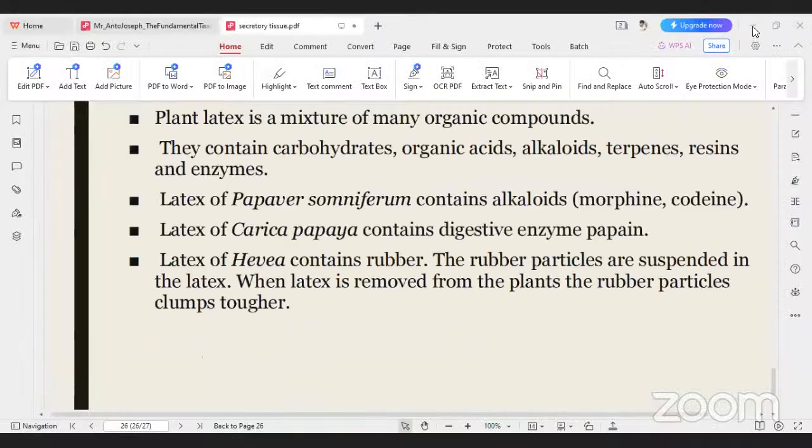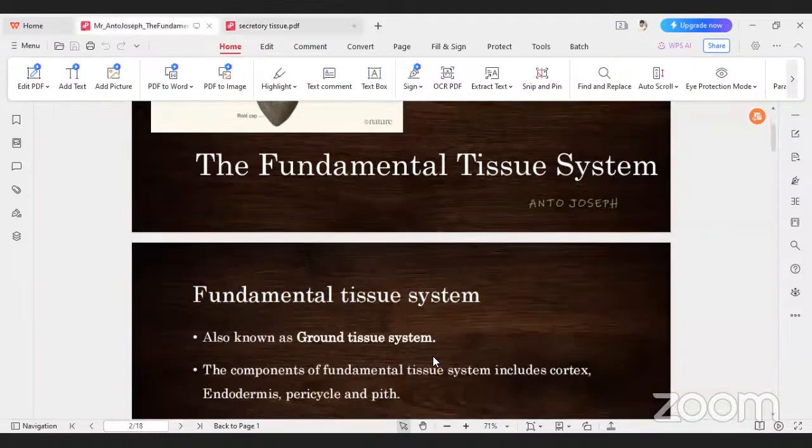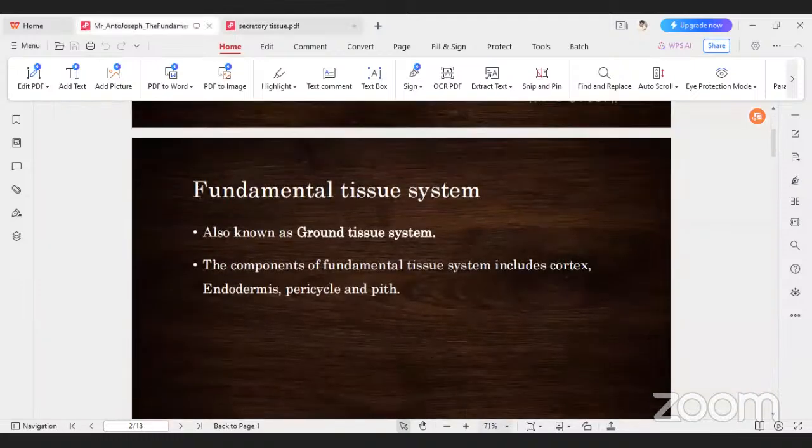Just wait. Let me take a slide. Fundamental tissue systems. Is it visible?